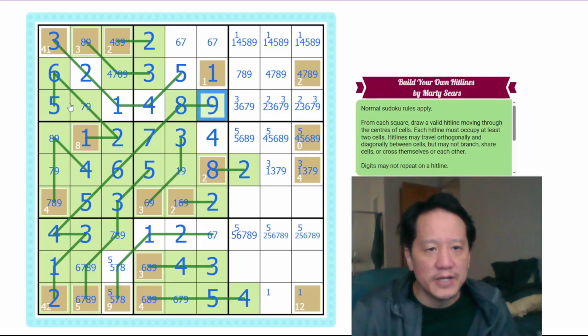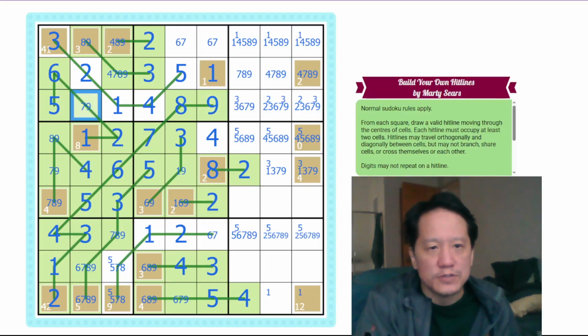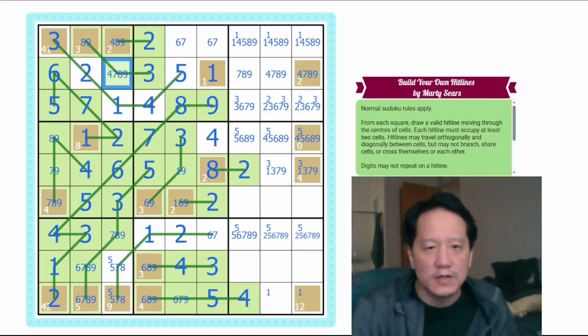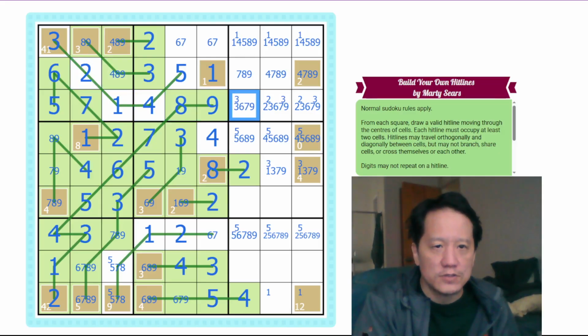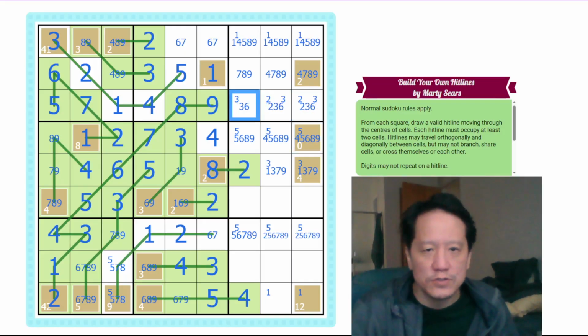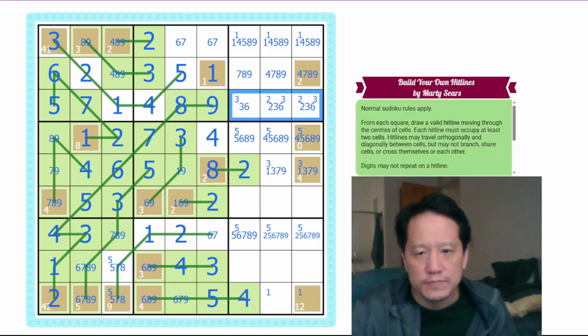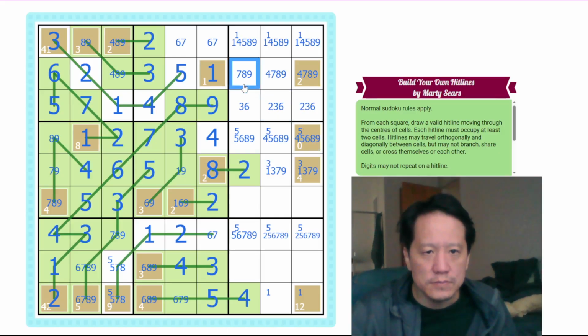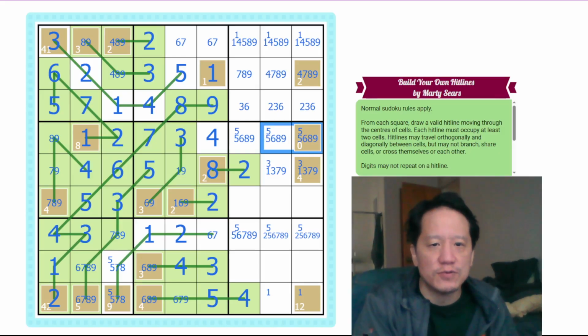This 9 eliminates 9 here. So this is 7. There's no 7 here. So this cannot be 7 or 9. No 7 or 9. No 7 or 9. This is 2, 3, 6 as a triplet. Four here eliminates 4 in the rest of this row.